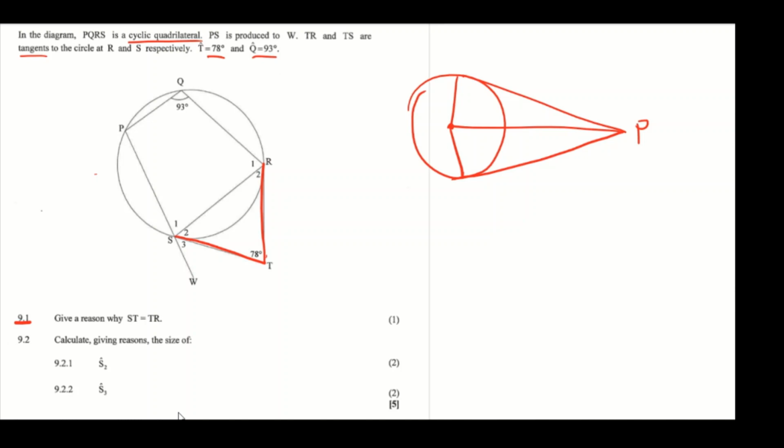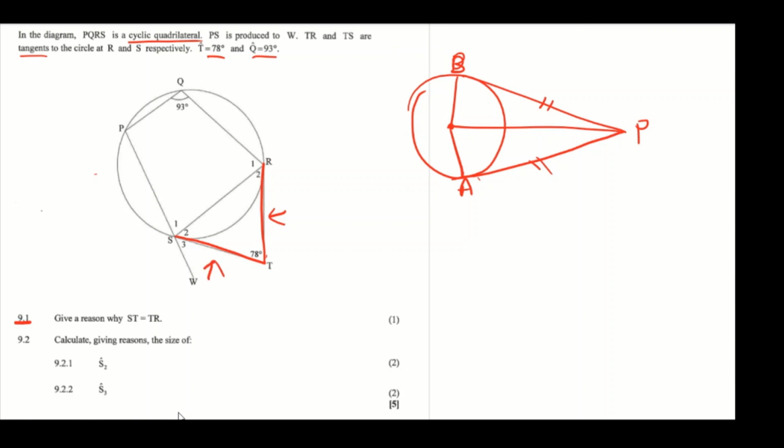Let me say this is B, this is A. We were asked to prove that this tangent is equal to this tangent, so we did congruency by proving that. So now you know that these tangents are equal. But what makes you think that these tangents are equal?